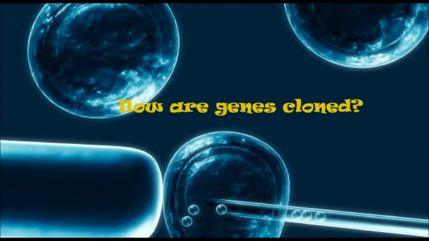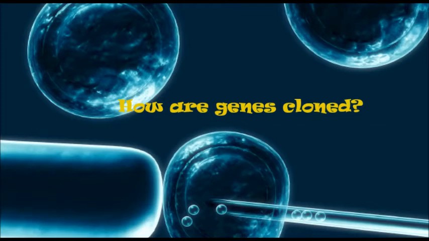Well, genes are cloned by various types of techniques to produce copies of the genes that scientists want to study. The principal technique involves inserting a gene from an organism into genetic material that we call a vector.